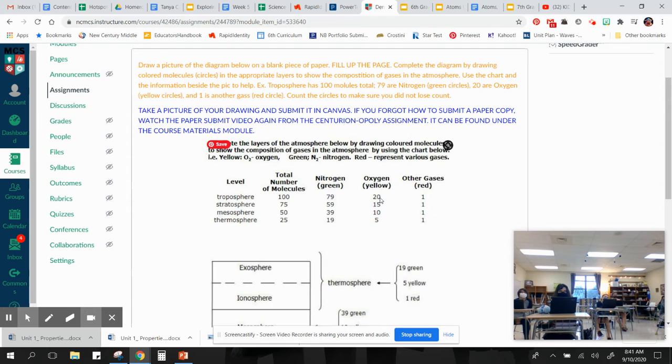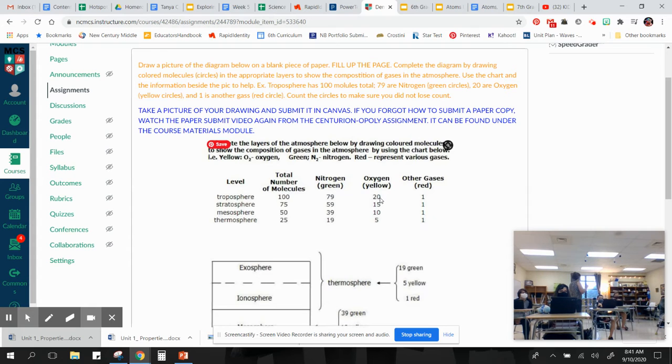You need to make sure that you are counting circles, maybe twice, especially for those first couple layers closest to the Earth. Because if you'll remember, the density of the layers decreases as you go up, which means which layer has the most molecules in it? The troposphere. Okay, and which one has the least molecules in it? The thermosphere.